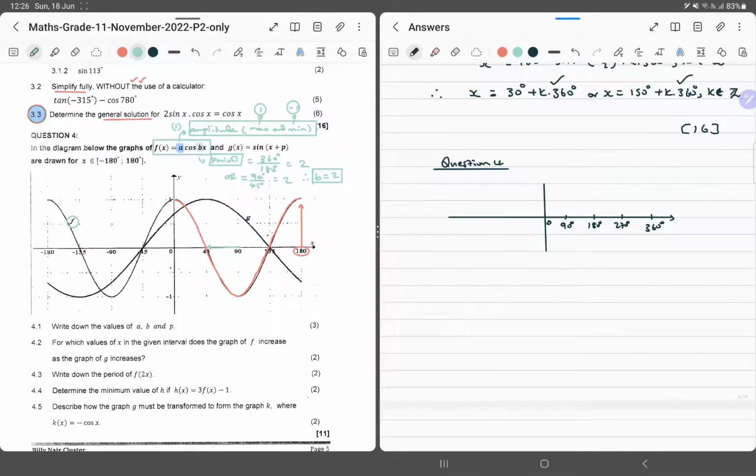Okay, so the same thing here. It's minus 90, minus 180, minus 270, 360. Okay, so here we will have just a 1 and a minus 1.